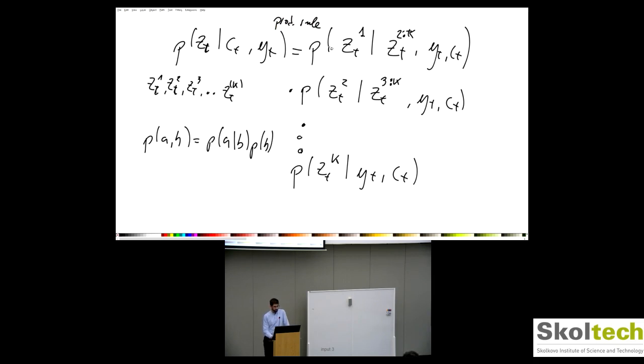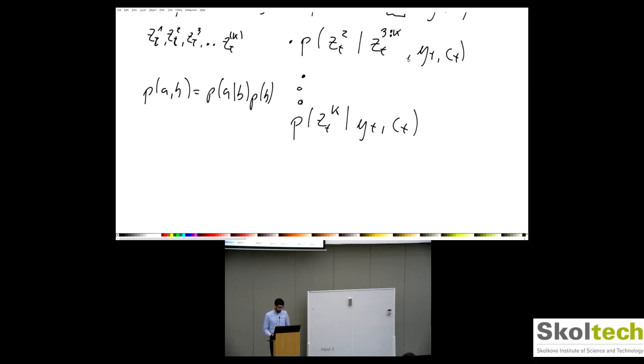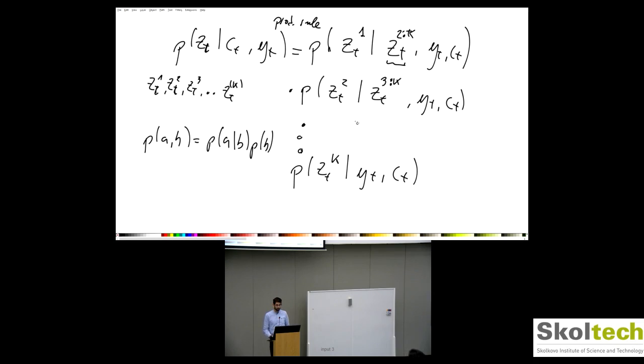You have k new distributions, one for each observation, and each of these observations is conditioned on all the other observations. We know the last one, when there's no other observation conditioning it, but for this distribution it's not so clear. So we are going to make a second assumption, the independence assumption. If you have a sensor that is observing different landmarks, there's not really a dependence between them.